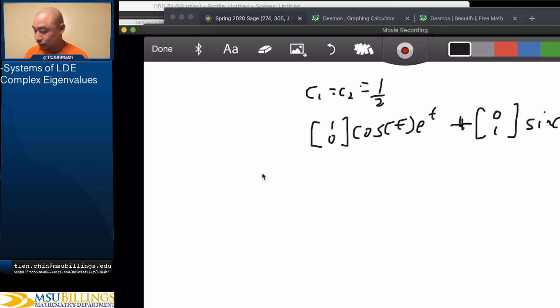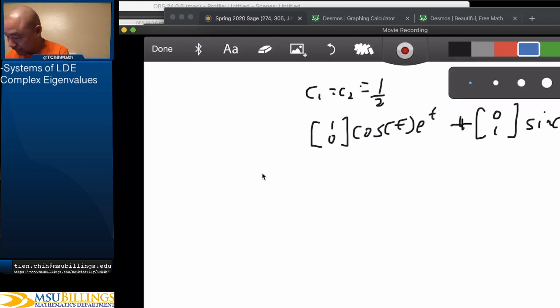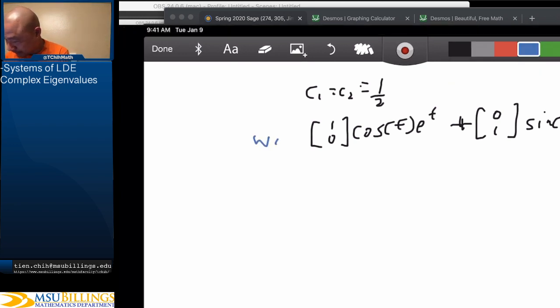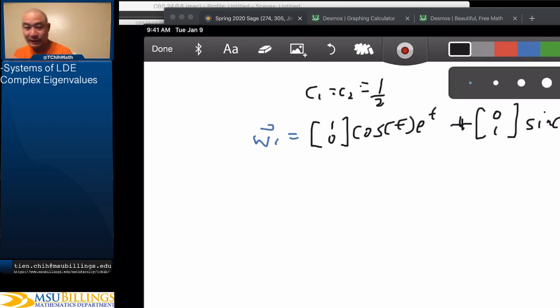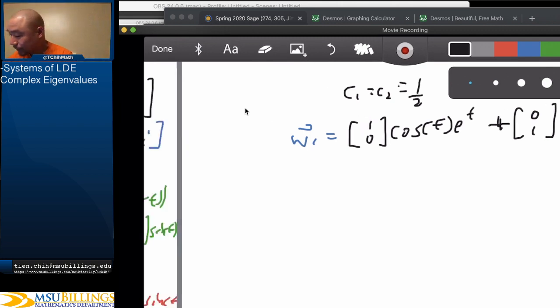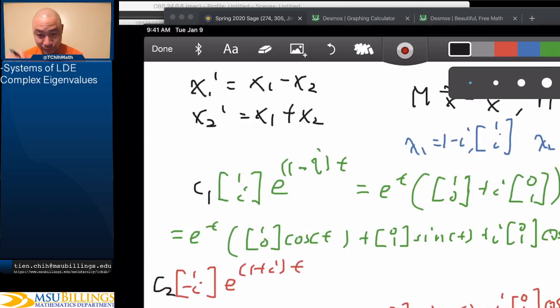So that is a solution. I'm going to call this solution W1. And then my next solution is going to come from canceling the real parts and turning the imaginary parts real.